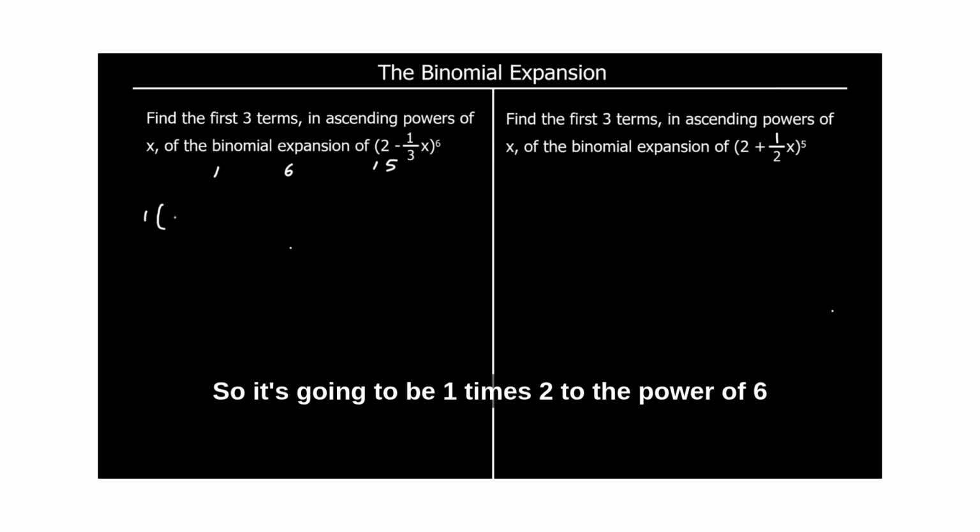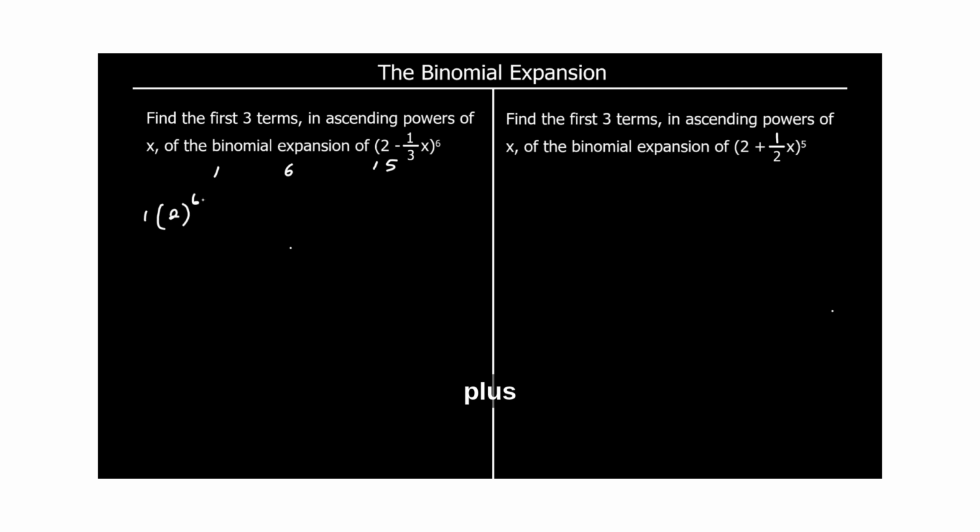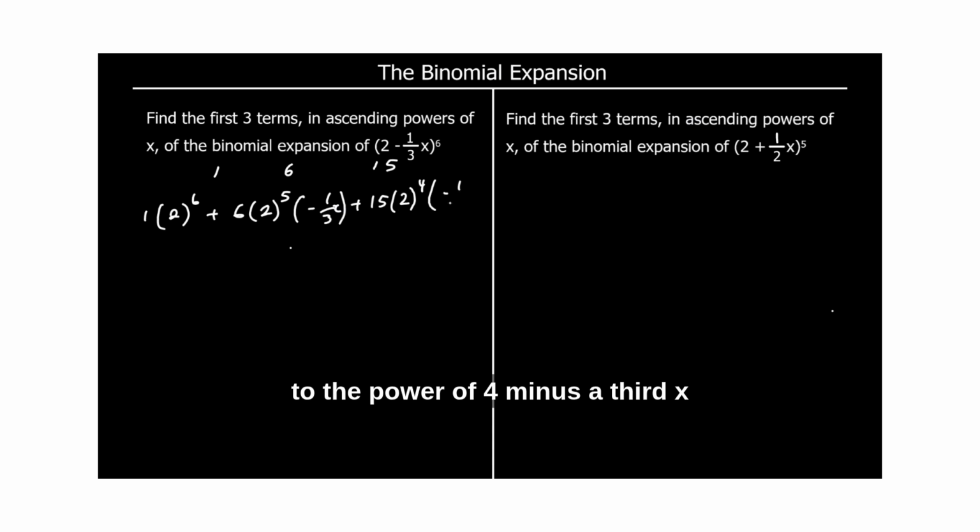So it's going to be 1 times 2 to the power of 6, plus 6 times 2 to the power of 5, times minus 1/3 x to the power of 1, and then 15, 2 to the power of 4, minus 1/3 x squared.